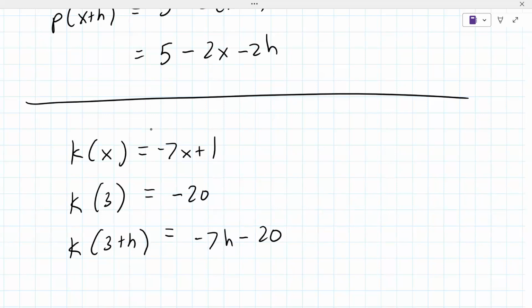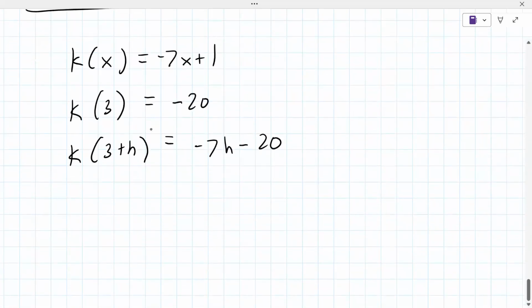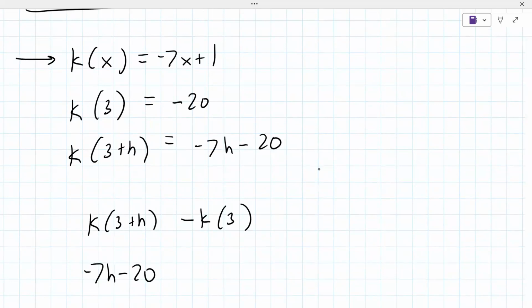Okay. Now the problem might say the following. They would give you this, but they would say to find or calculate k of 3 plus h minus k of 3. So you're taking these pieces and putting them into the equation.